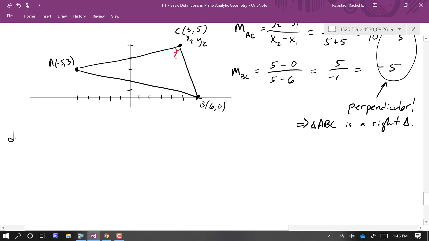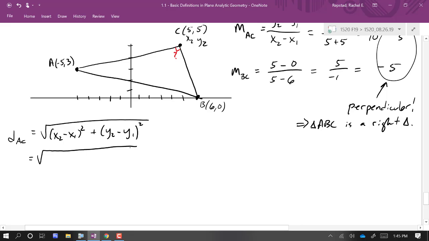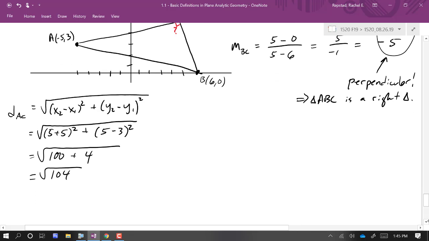So let's find the distance from A to C. That's 5 plus 5 squared plus 5 minus 3 squared, and that's 100 plus 4, so we get the square root of 104. I'm going to simplify this radical.